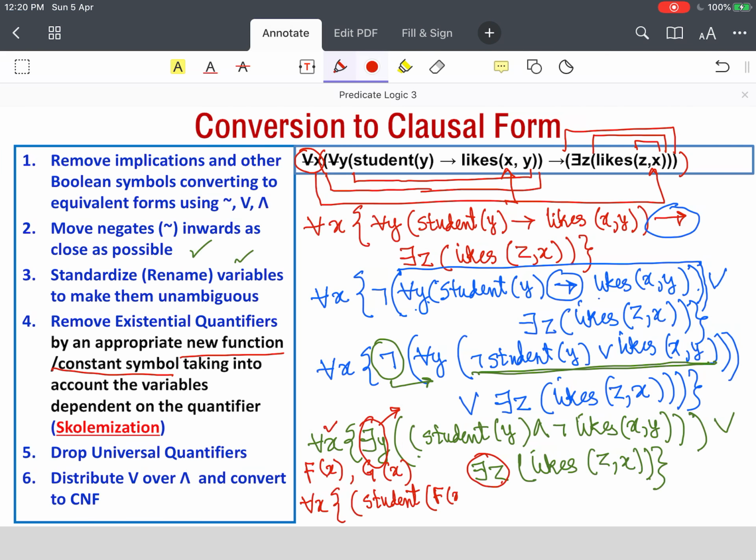Now we will get student f(x) and not likes x f(x), or z will be replaced by g(x), or likes g(x) x.